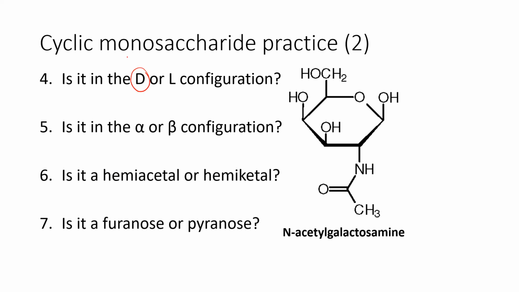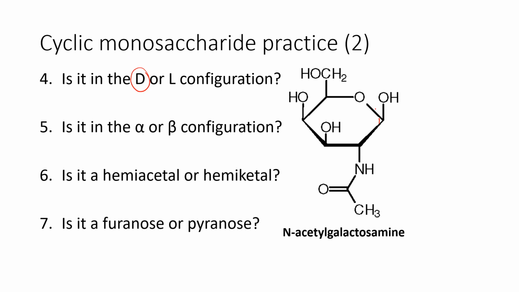Because the OH on the anomeric carbon is pointing up, which means it's beta, which usually means it's a D configuration. Okay, so the position at the anomeric carbon is not related to whether it's D or L. Here at the anomeric carbon, which is carbon number 1, the OH is pointing up and it's beta, but it could just as easily be pointing down and be alpha.